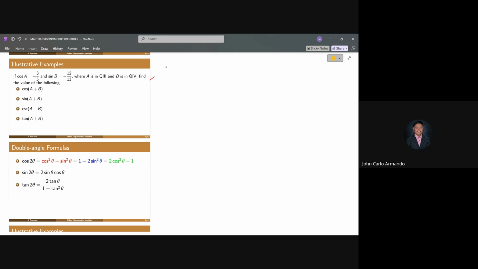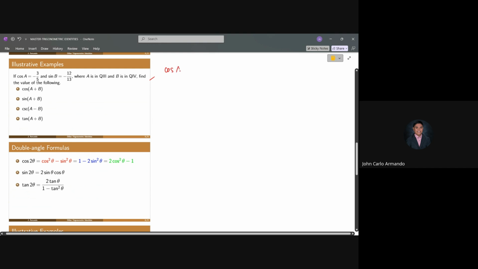We consider first that cosine A is negative 3 fifths and A is in quadrant 3. Also, sine B is equal to negative 12 over 13, and B is in quadrant 4.